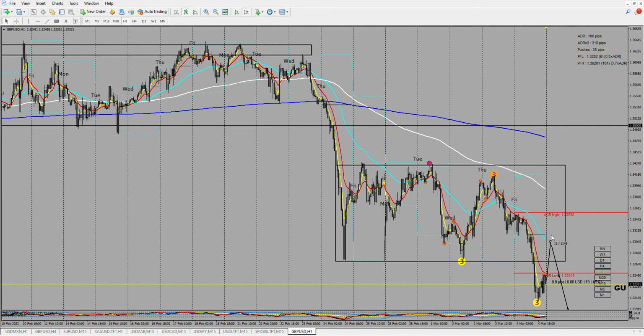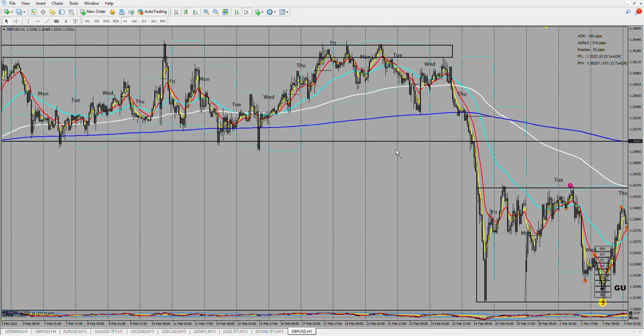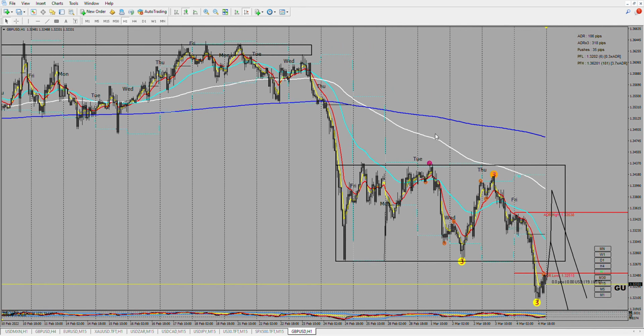So either it's going to pull back to the 50 EMA or it might pull back to the 200 EMA before continuing with the downtrend. So as for today, as for this week, I think we're just going to look at these two pairs, then see how they'll play out.